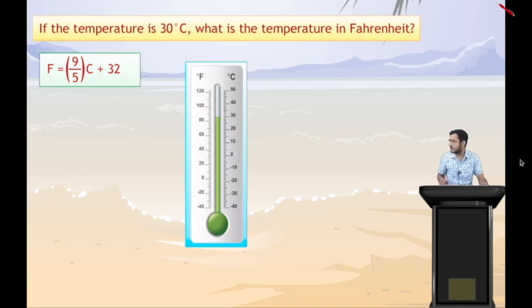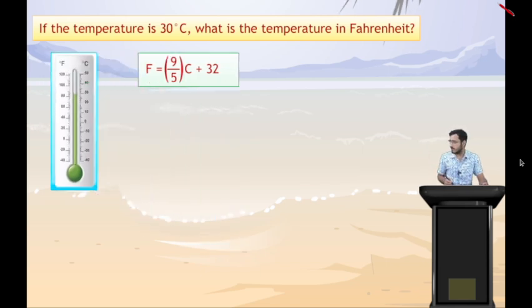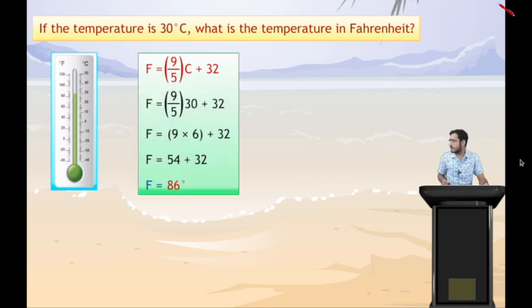So the temperature in Fahrenheit will be, now we can solve the problem. Here the value of C is 30 degrees, so Fahrenheit is equal to 86 degrees Fahrenheit. Remember this formula, F equals 9 by 5 C plus 32.